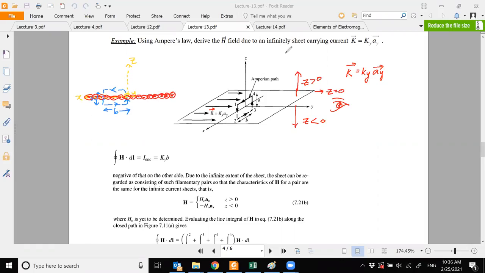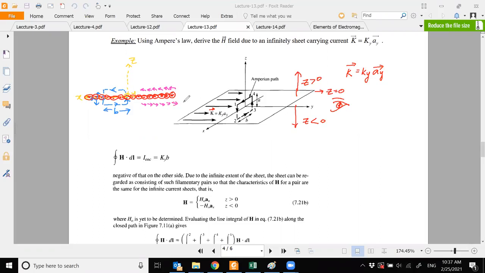Now, what will be the magnetic field for this one? Because the sheet is made up of so many filaments, the overall magnetic field will be added. So what will be the magnetic field of this filament? It will be like this. This filament like this, this filament like this. Add like this, like this, like this. On this side, like this. See?